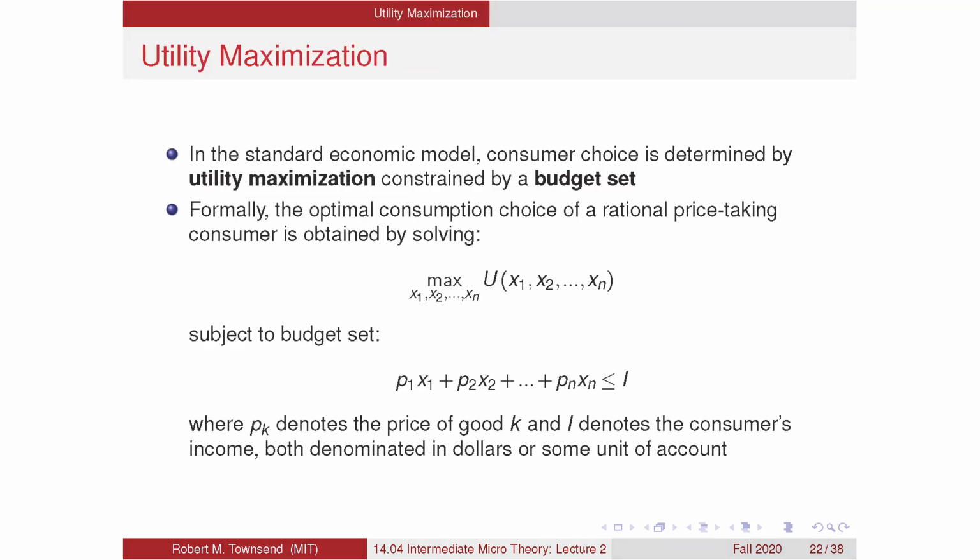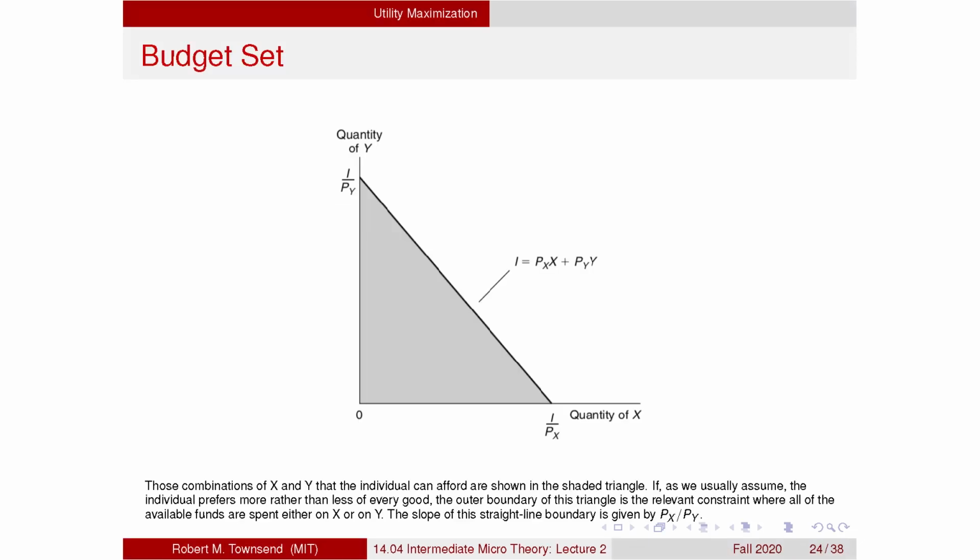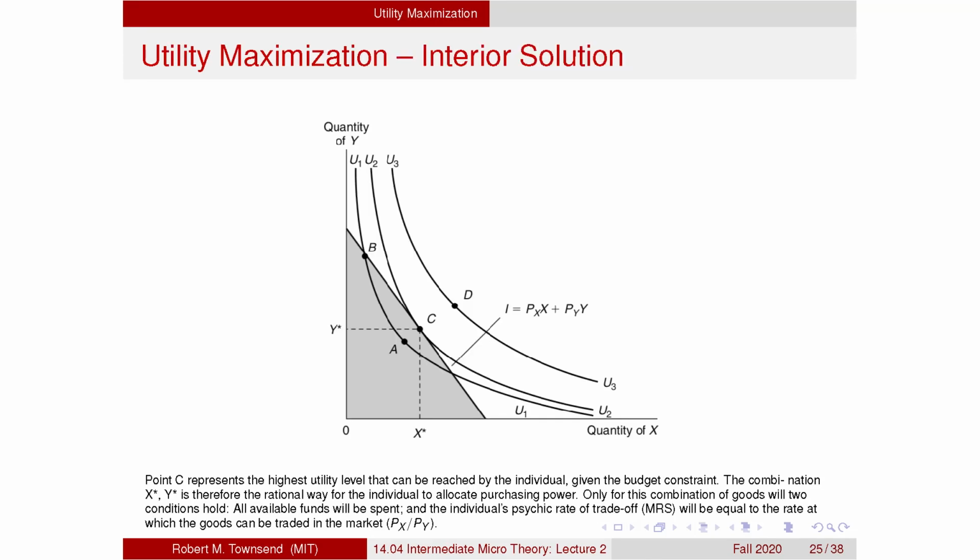So finally, we get to the utility maximization problem. Maximize utility subject to a budget, and define homogeneity in this consumer theory context, and started to generate these pictures of income budget lines and the set of all possible purchases in and under the budget line, and the utility maximizing positions.